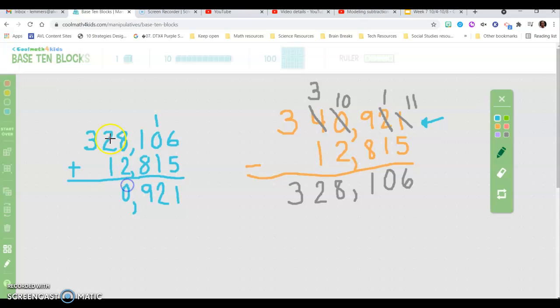I can put the 0 from the 10,000 and regroup here to the 10,000s place. 2 10,000 plus 1 10,000 plus another 10,000 is 4 10,000. And then the 300,000. Voila, magic. I did it.